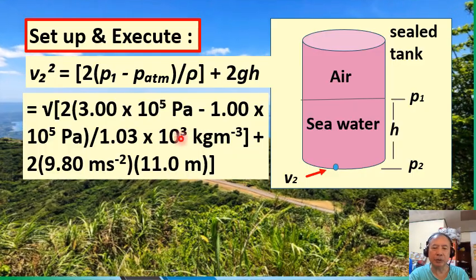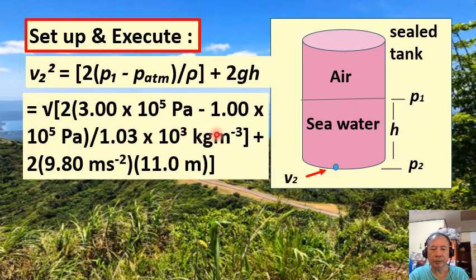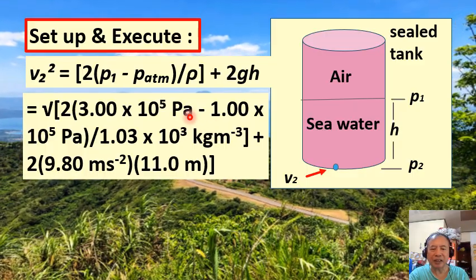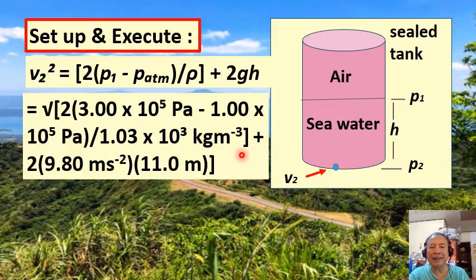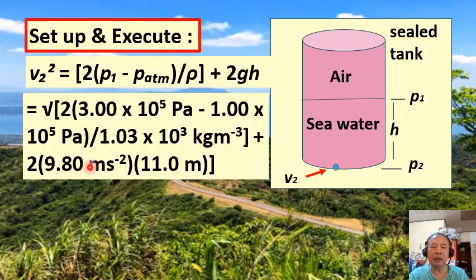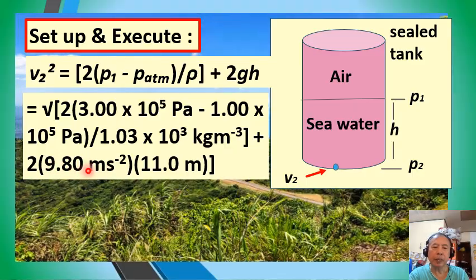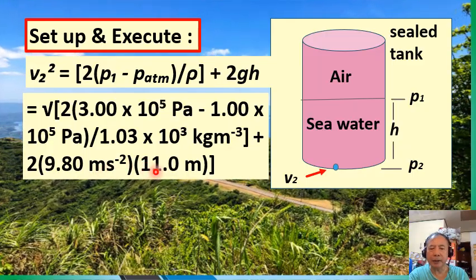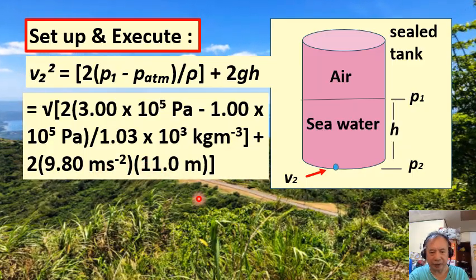That's the density of seawater. And the quotient, of course, will still be added to twice the acceleration due to gravity, 9.80 meter per second squared, that is also multiplied by the height h, 11.0 meters.